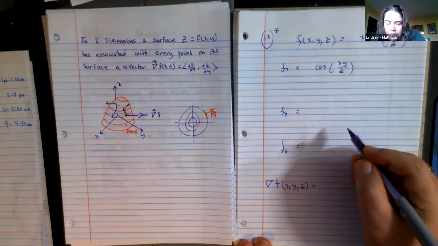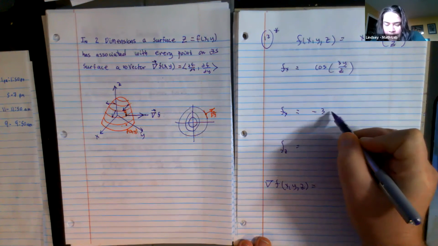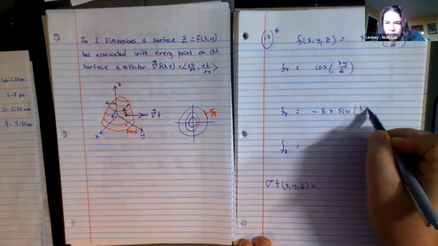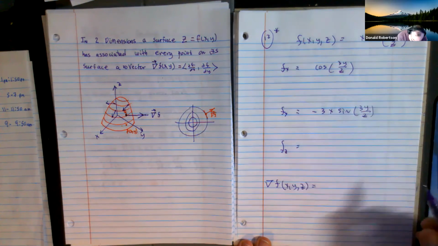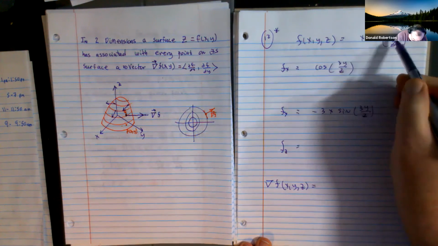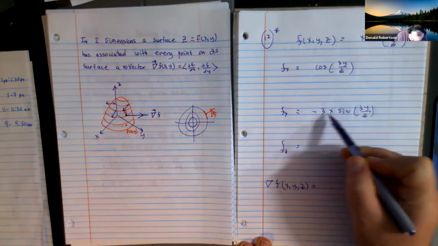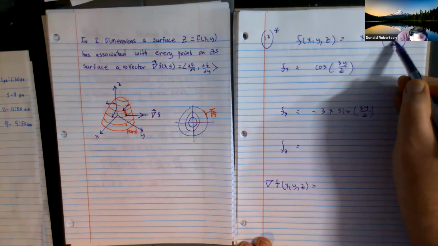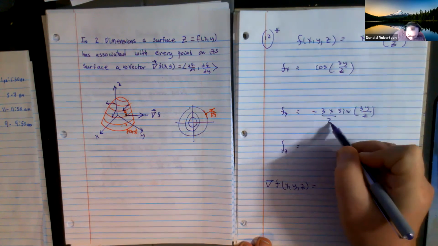Negative 3x over z sine 3y over z. So you take this guy, a cosine gets you a negative sign. That's that taken care of. The 3 and the y disappears in the z. I agree.